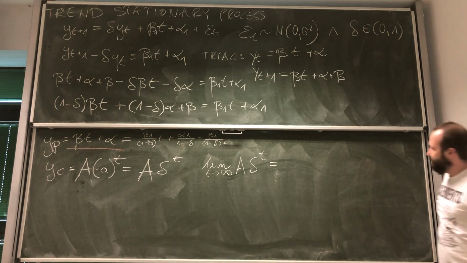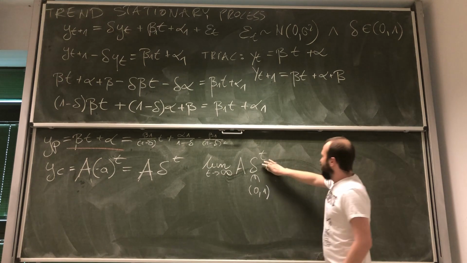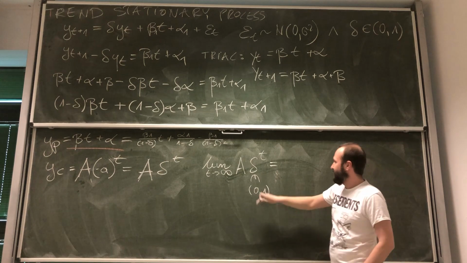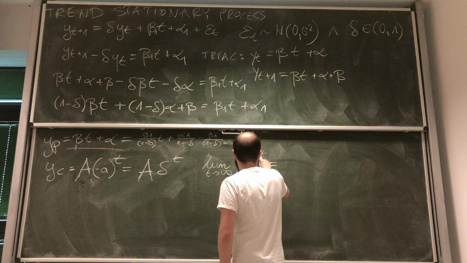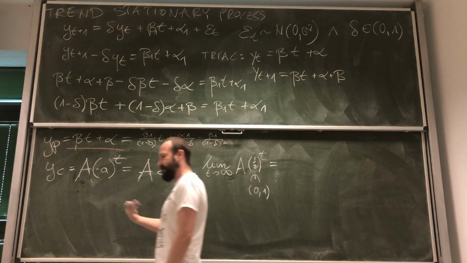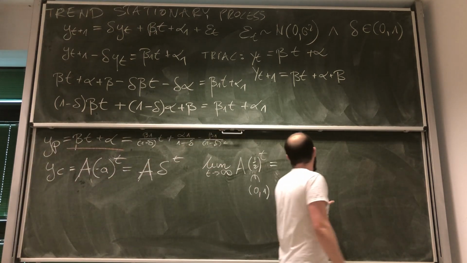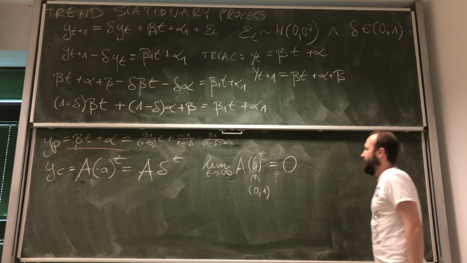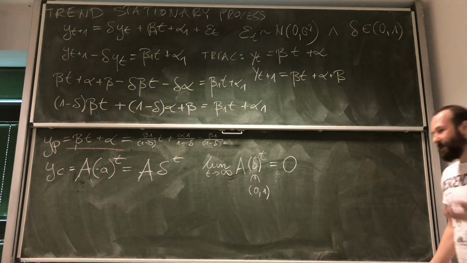Assuming delta is between 0 and 1, as time progresses, if this is 1 over 2, let's just say, well, it's usually 0.9, but let's say 1 over 2, what are we going to have here? 1 over 2, 1 over 4, 1 over 8, 1 over 16, 1 over 32, until we get to 0. So do we have perfect memory in here? Well, definitely not.